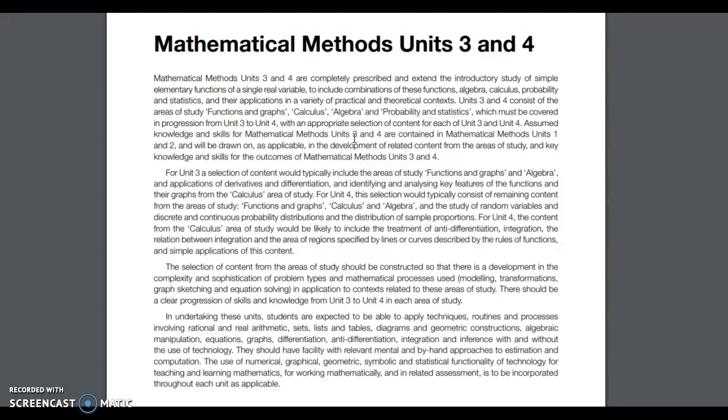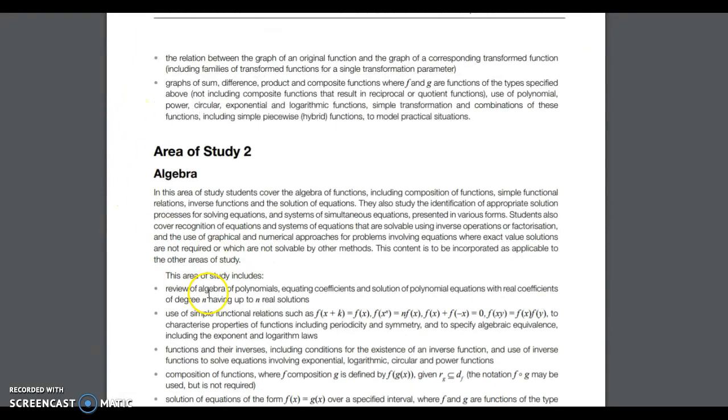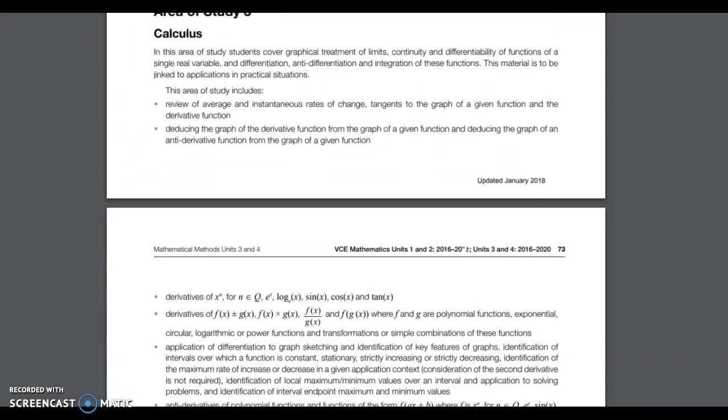Now, we understand that the unit that you're going to create for this assignment is not exactly what a unit would be in terms of your teaching, but it will still help you understand the implications of planning in terms of the VCE curriculum. So if I look at math methods, you've got area of study 1 clearly identified, but then it moves on to area of study 2 and 3.